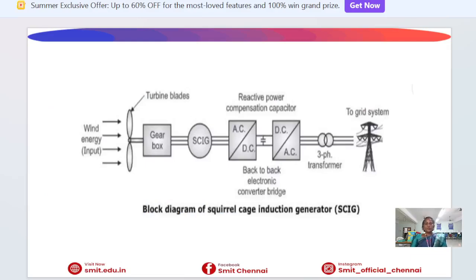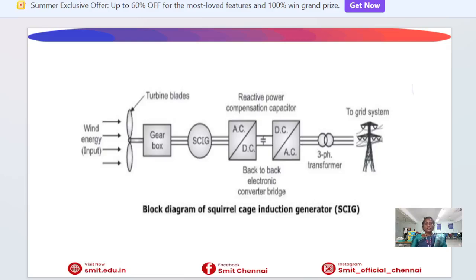This slide shows the block diagram of a squirrel cage induction generator. Wind energy rotates the turbine blades through a gearbox. The rotational speed is increased before being supplied to the SCIG. The generated output is connected to a back-to-back AC to DC to AC converter system.